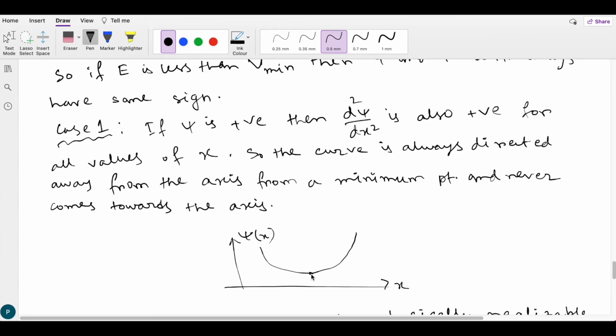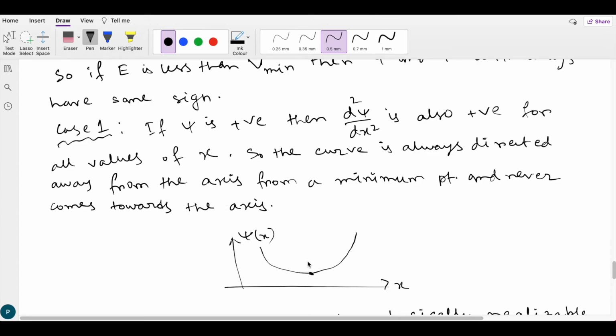How can we determine that? We have to equate the first derivative of psi to 0 and determine a point, and we can see here that the second derivative is always positive no matter what the value of x is. So we can find a minimum point of the function psi(x), and for all other values of x, psi is greater than that.